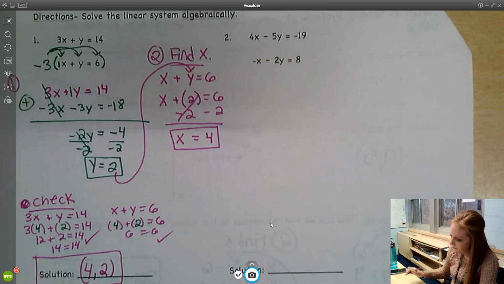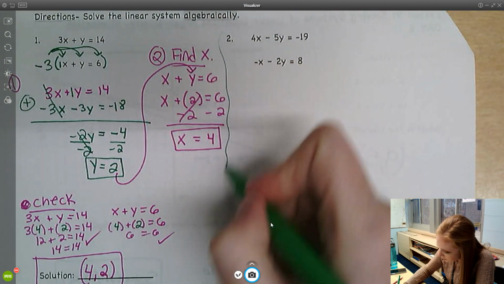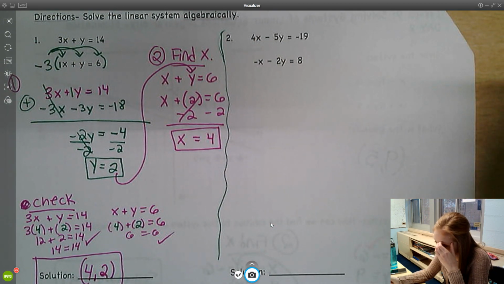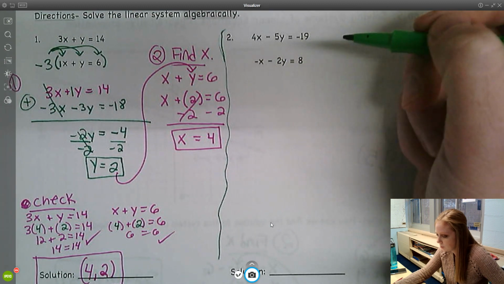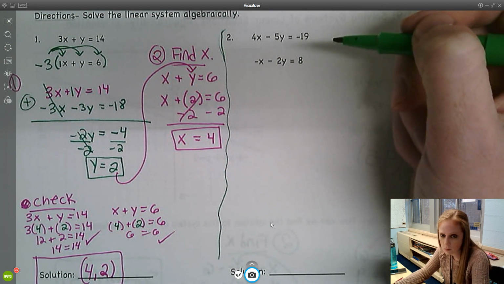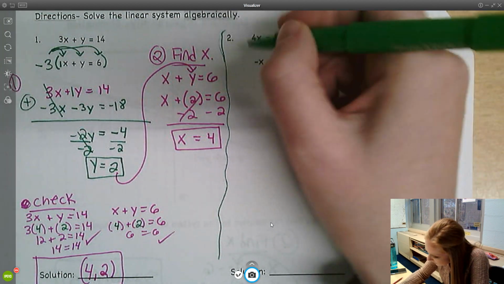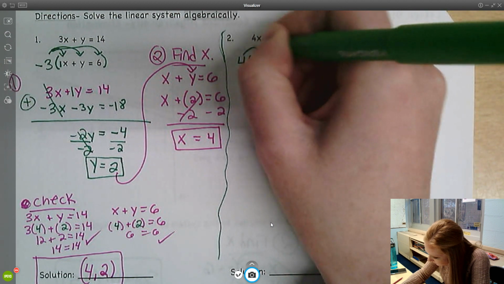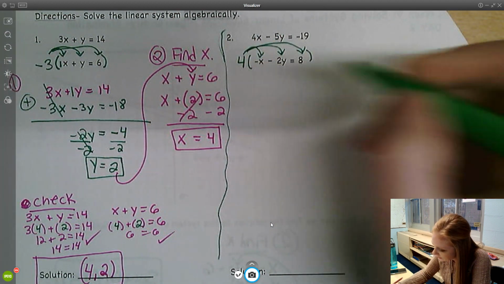All right, number 2. All right, so let's see. Is anything going to eliminate right away when we add these two equations? No. So what can I multiply one of the equations by to get something to cancel out? Well, 5 and 2 are not really multiples of each other, so that's going to be a little bit more difficult. But this negative 1x, if I multiply this equation by 4, then I'll have negative 4x, and that will cancel out nicely.